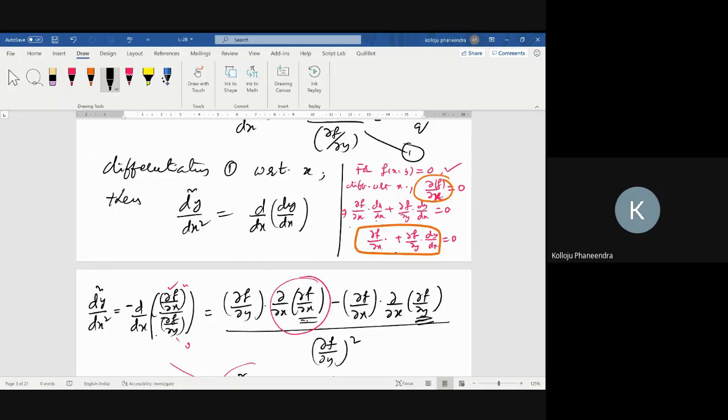Not this double derivative. D by dx of d square y, right? That's correct. It's a simple way, but I'm losing the concept, right? Dou by dou x.